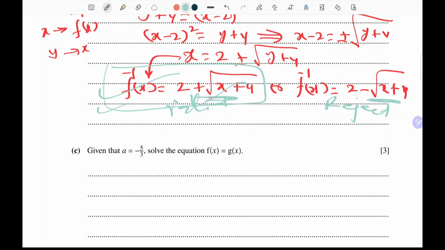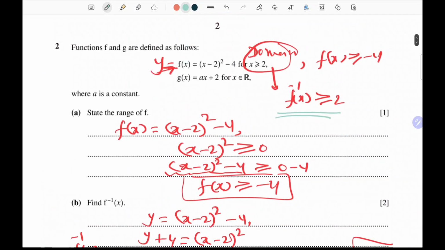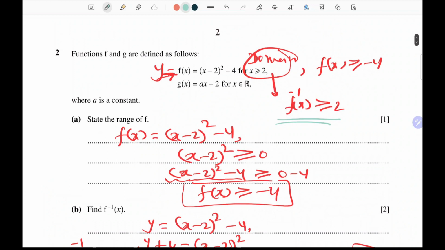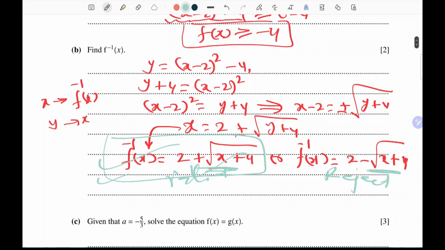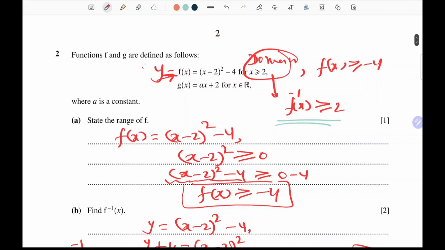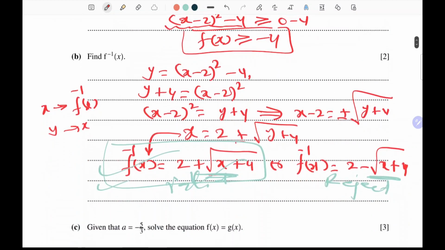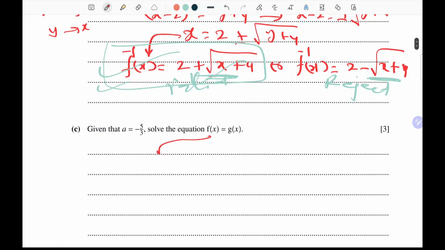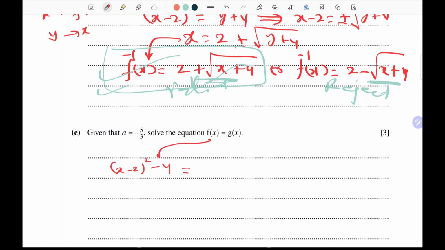It's a good question. Now given that a equals minus 5 over 3, solve the equation f(x) equals g(x). So which is f(x)? This one, (x minus 2) whole square minus 4. So guys, this is (x minus 2) whole square minus 4 equals g(x).